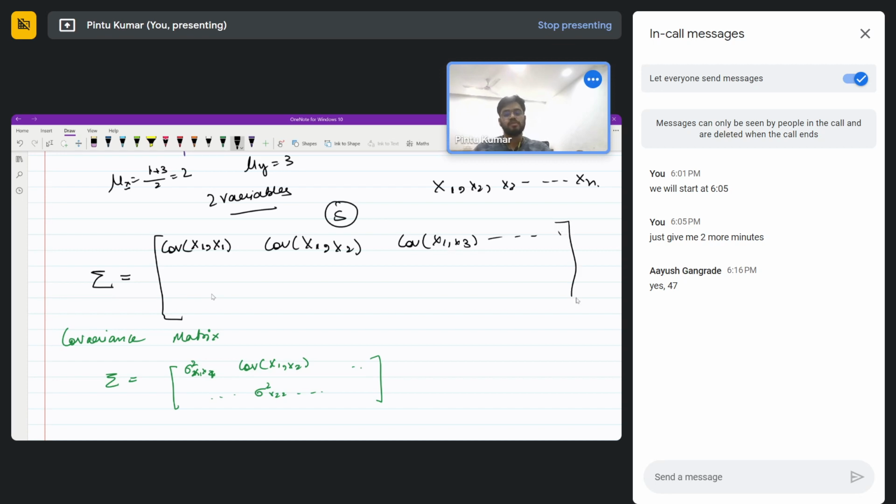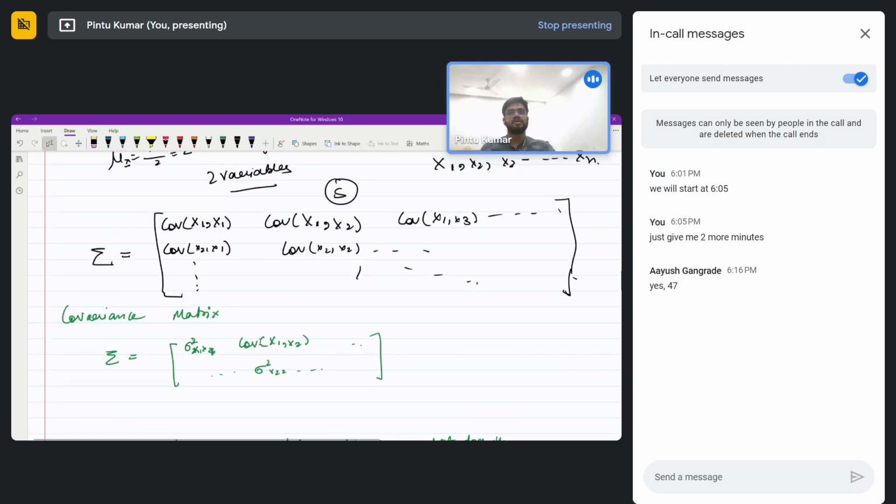And downwards you can have covariance of x2 with x1. So this matrix that you get is a symmetric matrix, and so on. So this is covariance of x2 comma x2. So this kind of matrix you call a covariance matrix.